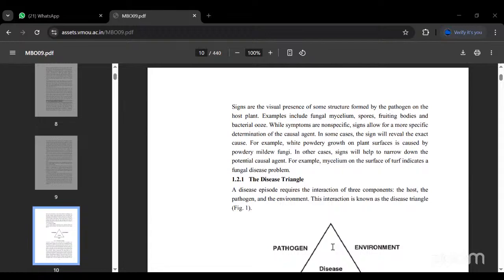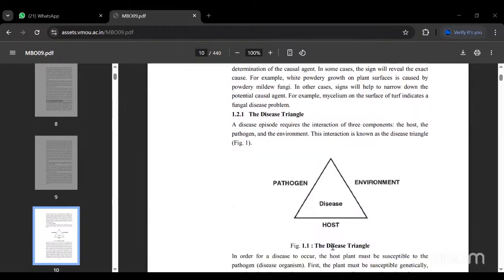In other cases, signs will help to narrow down the potential causal agents. For example, mycelium on the surface of a plant indicates a fungal disease problem.